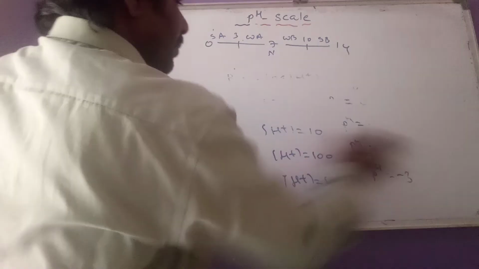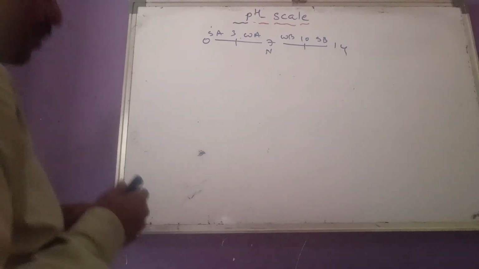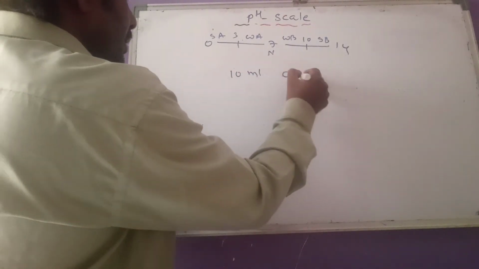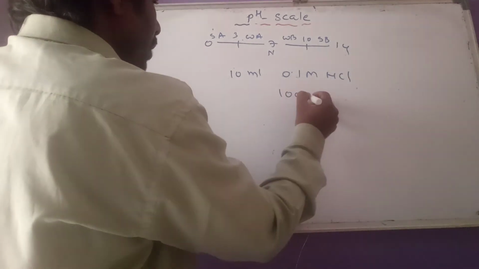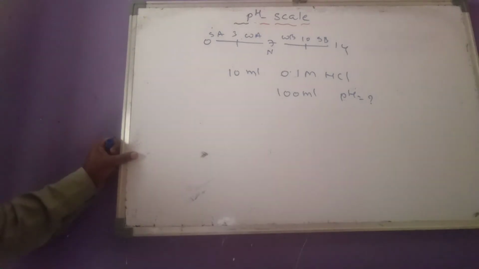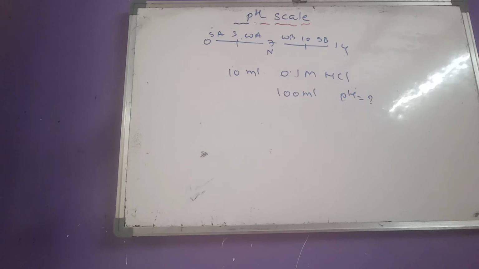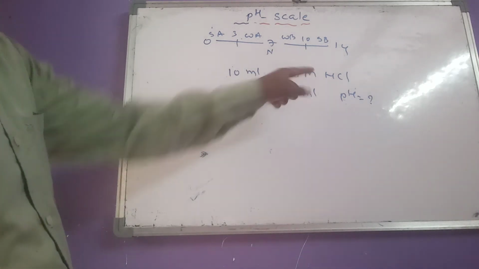What is that? First, 0.1 M HCl is given. 10 ml of 0.1 M HCl is diluted to 100 ml. What is its final pH? Let us see how to calculate that. First we have to calculate the pH of this HCl.